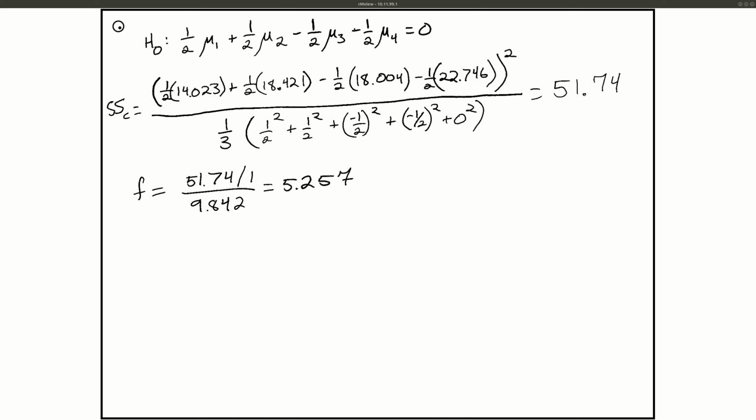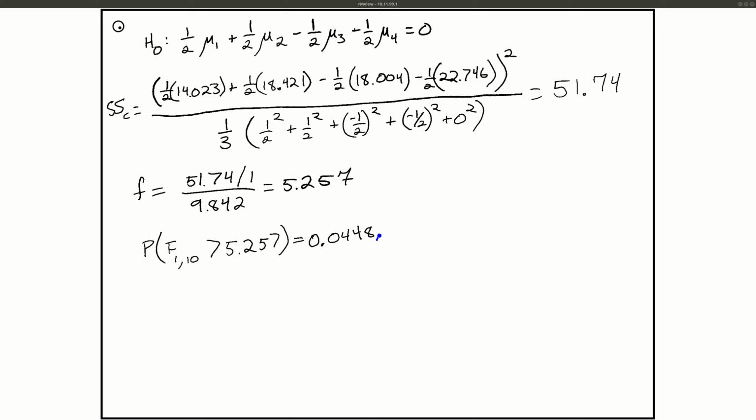We compare this to an F distribution with 1 degree of freedom in the numerator and 10 degrees of freedom in the denominator. We want to find the probability we would observe a random variable that follows an F distribution with 1 and 10 degrees of freedom that's greater than 5.257. And this comes out to 0.0448.